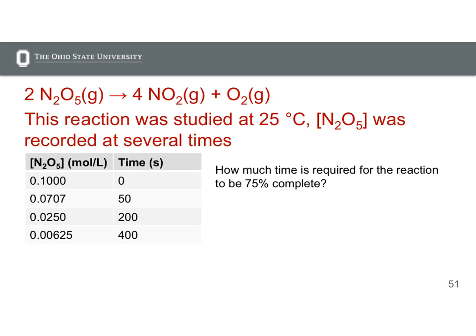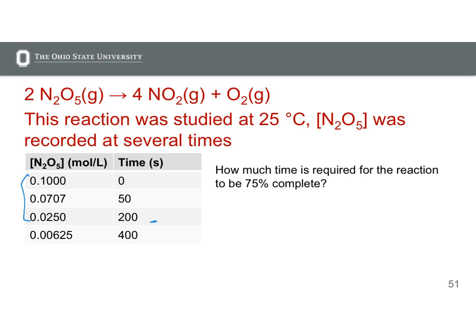All right, what did you guys come up with? First of all, just looking at the table, you can see that the third data point is already 75% of the way done, so you know it's 30 seconds. This is the right answer though. Okay. What if you didn't have this data table?